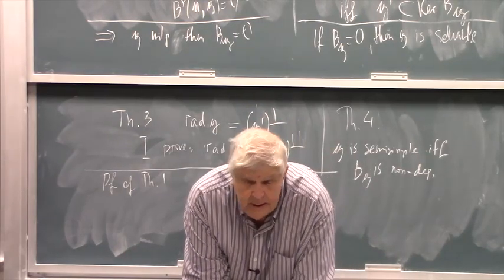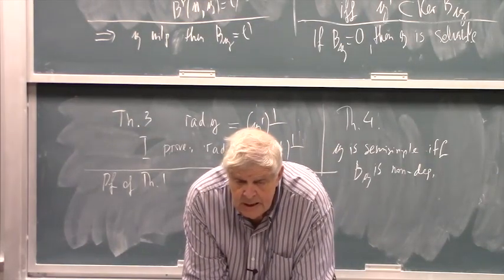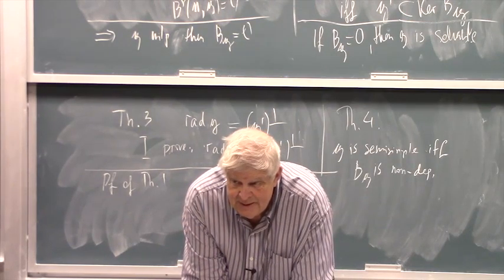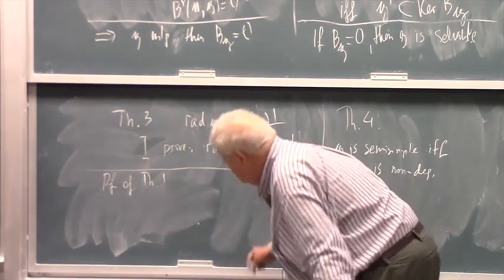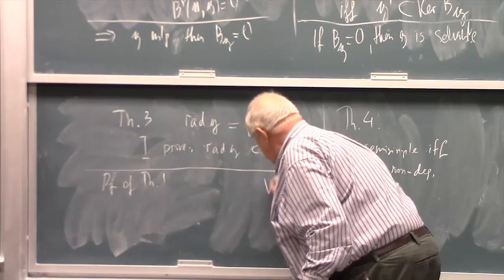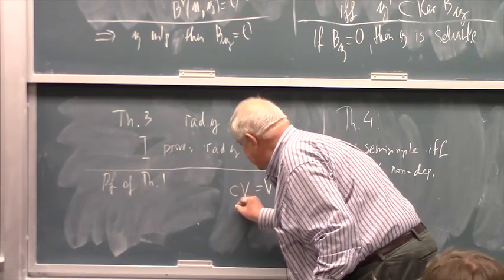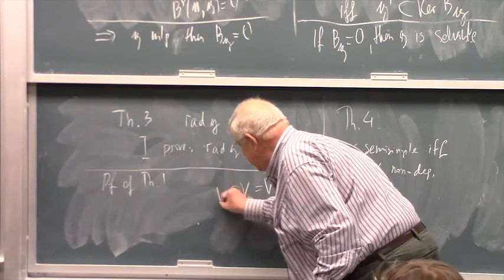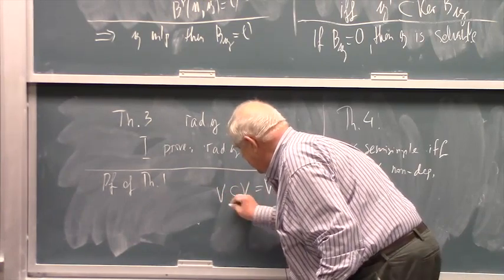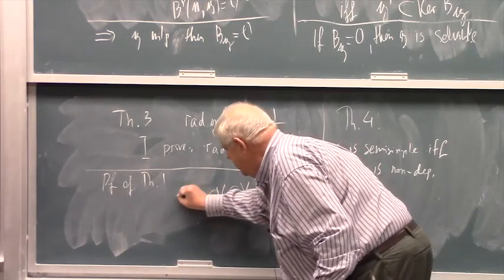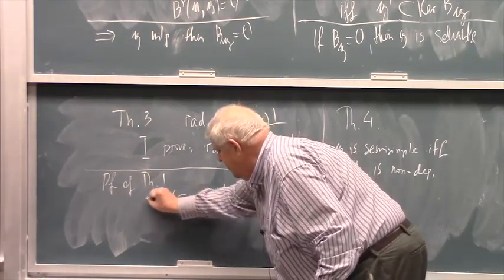Nilpotent. This means certainly that Engel's theorem can be applied to it. If so, we have the following. We have V, which is Vm, contains Vm minus 1, down to V0.